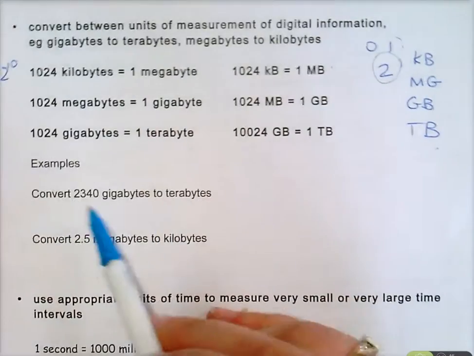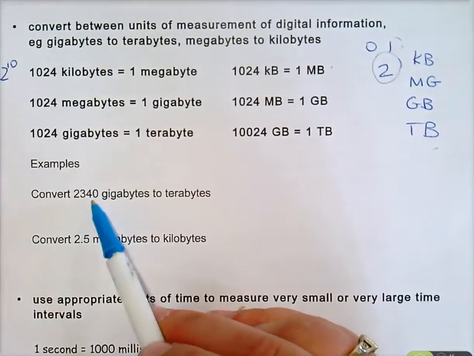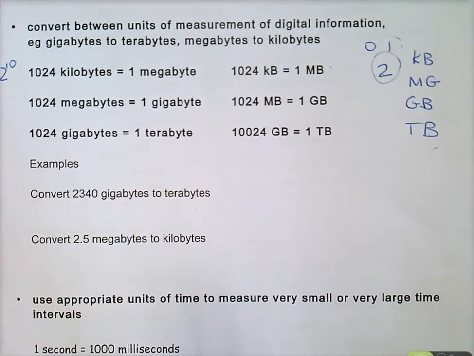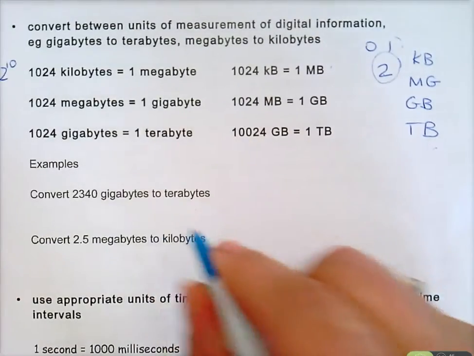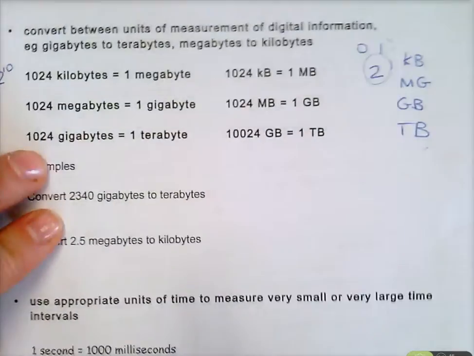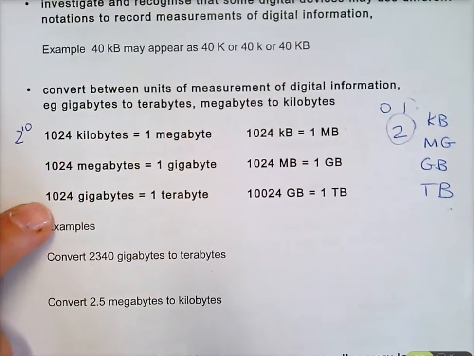Girls, convert 2,340 gigabytes to terabytes. Girls, which one's bigger? Giga or tera? Tera. It sounds like a dinosaur, doesn't it? Right. So, girls, small to big units, multiply or divide. 1,024 gigabytes equals 1 terabyte.